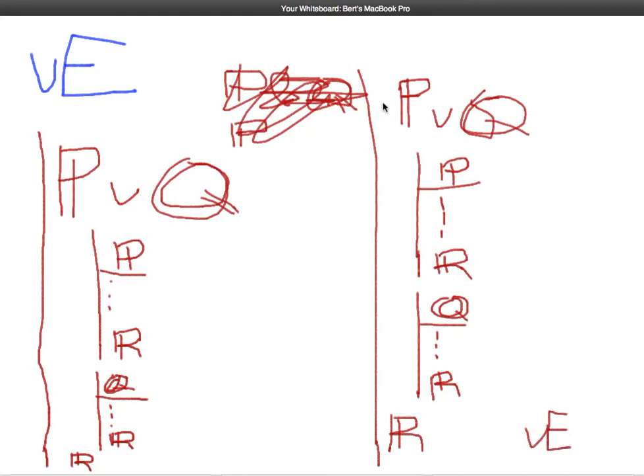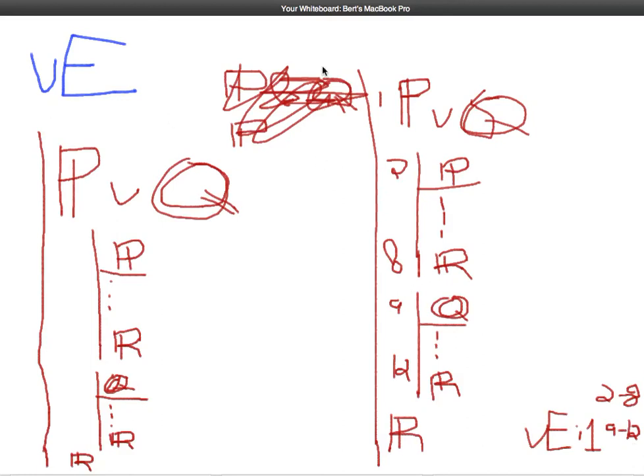And the idea here is you're going to cite this first line. So this might have been line 1. So you would cite line 1, and then suppose this was lines 2 to 8, then you would cite 2 to 8, and maybe this was 9 to 12, and then you would cite 9 to 12.